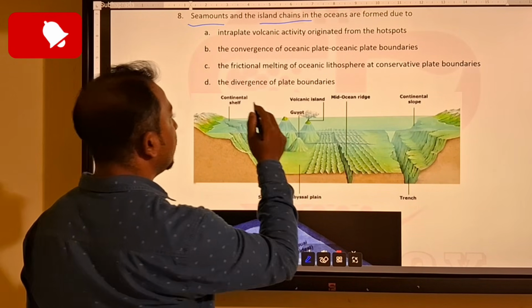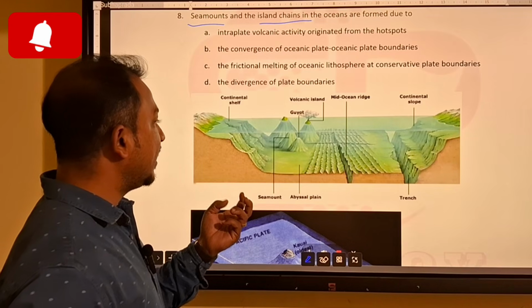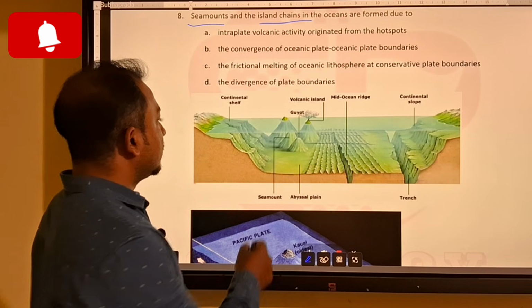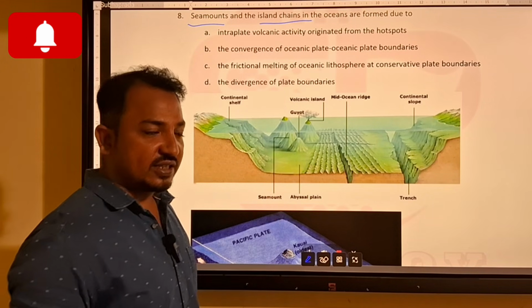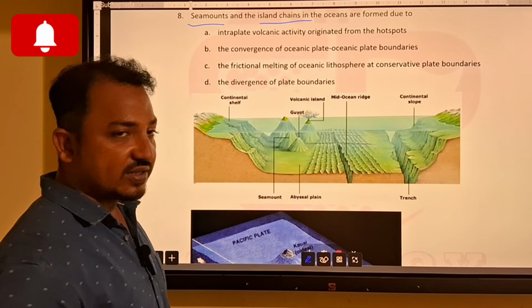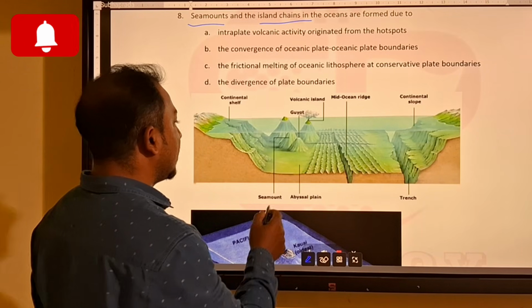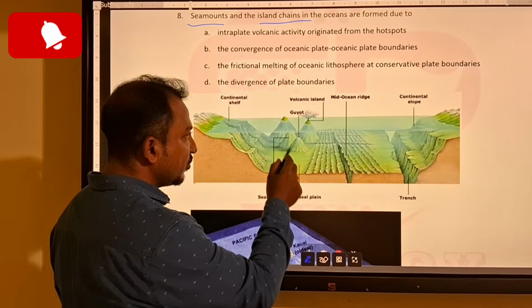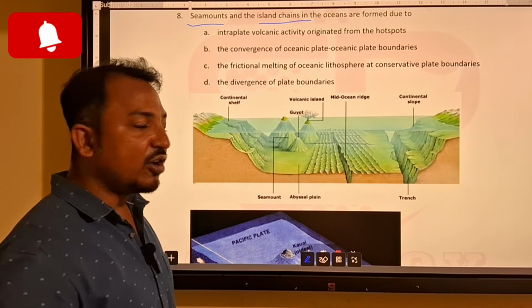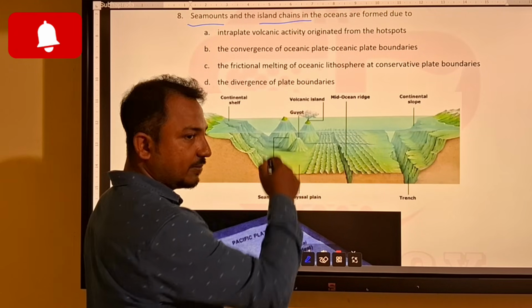If the volcanic island is submerged within the sea, not exposed to the surface, it is called a seamount. If erosion flattens the top of the seamount, it is called a guyot.